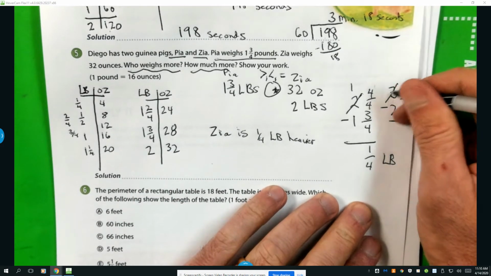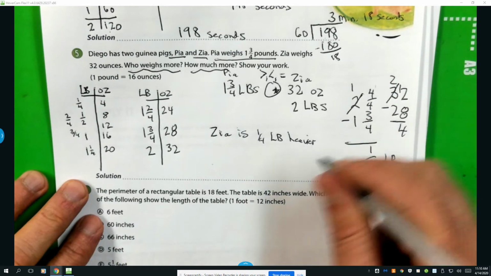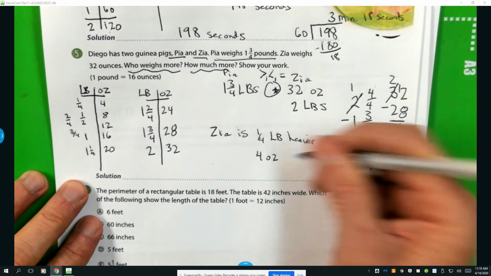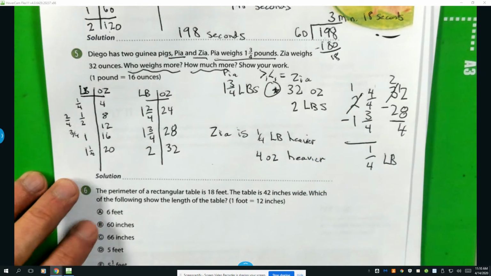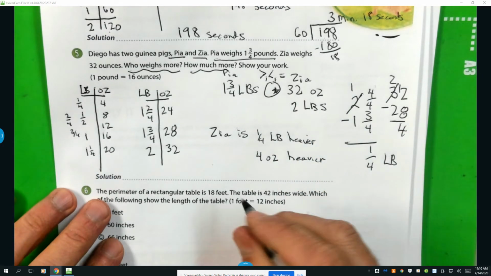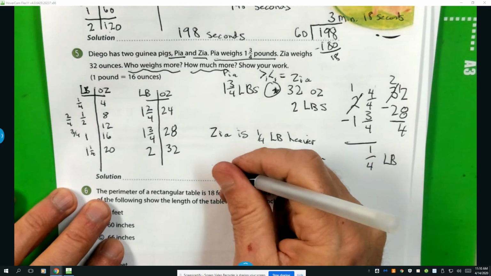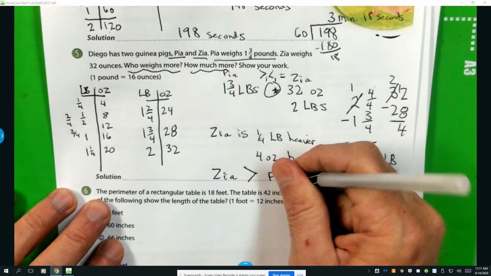And what am I going to get? 4 ounces. Okay, so pretty simple. So Zia is greater than Pia.